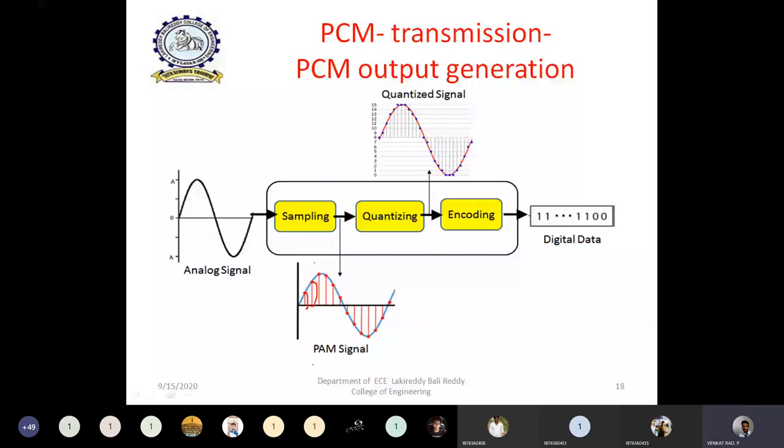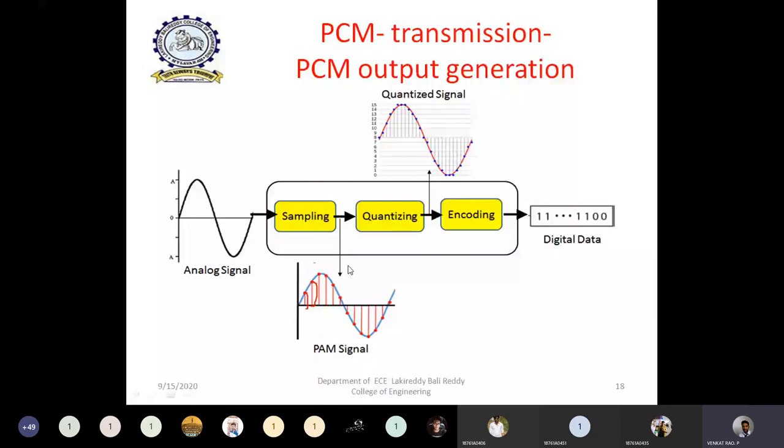So this sampled signal is passed to the quantizer. In this quantizer, there are some number of quantization levels, and each sample value is approximated to the nearest quantization level like this. That's why, if you observe, the sampler output and the quantizer output are both looking similar; the only difference is the levels.